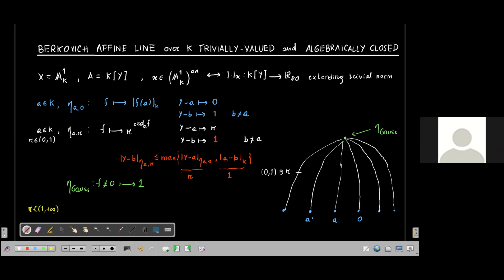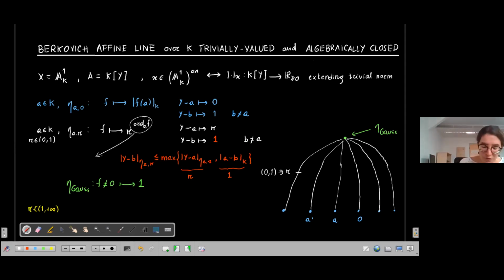The first, the easy one, is: can you repeat the definition of ord_a f? Yes. Let me define the order. You can define it as the smallest integer m such that (y minus a) at the power m divides f. So you can factorize f, and then look at the power of the factor y minus a in the factorization of f.